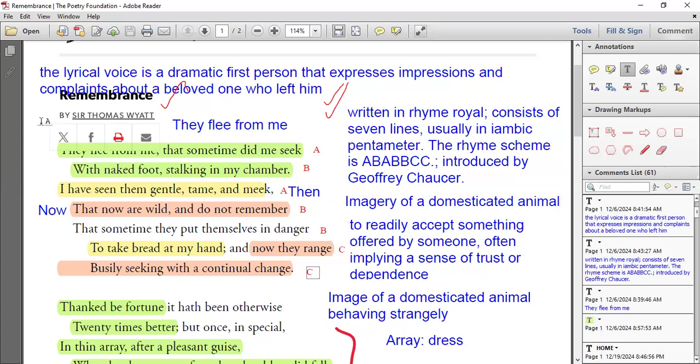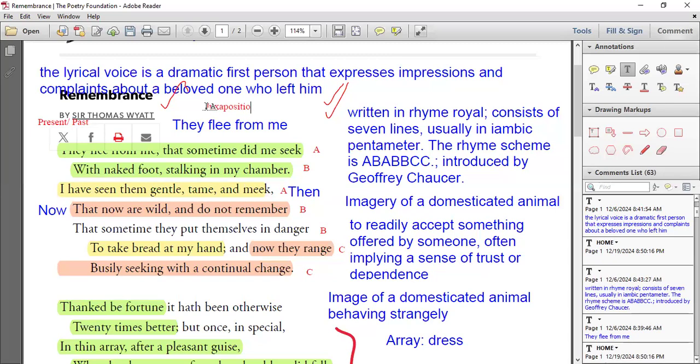The present and the past will be placed side by side. This technique of placing two contrasting ideas side by side in literature is called juxtaposition. He is juxtaposing two images.